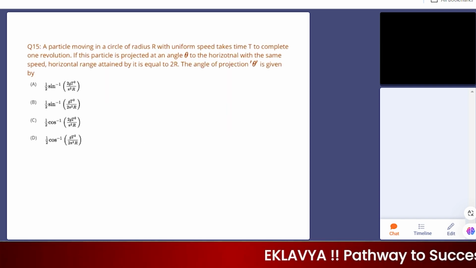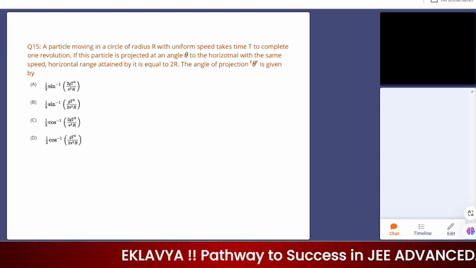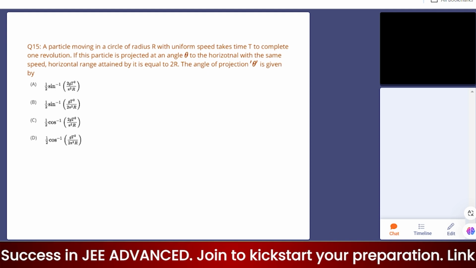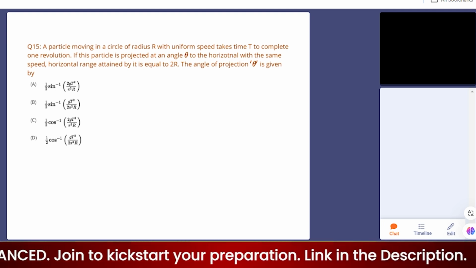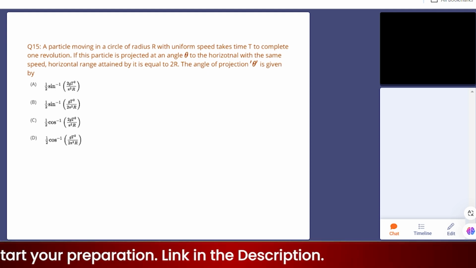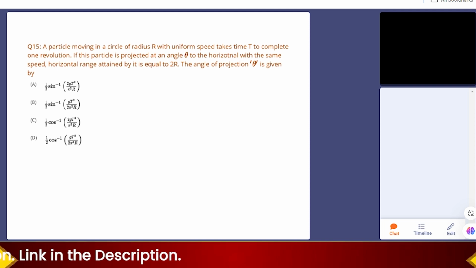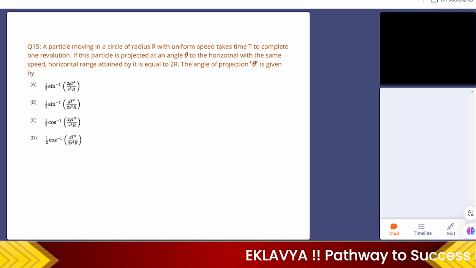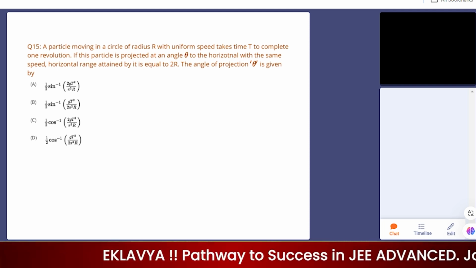Next question. Question number 15. A particle is moving in a circular track of radius r with uniform speed, takes t amount of time to complete one revolution. If this particle is projected at an angle to the horizontal with the same speed, horizontal range is assigned to be 2r. The angle of projection theta is given by.